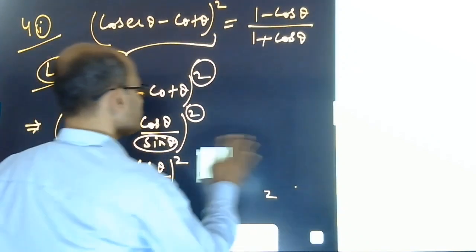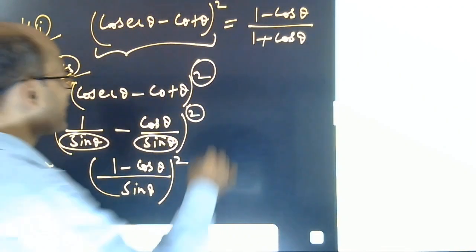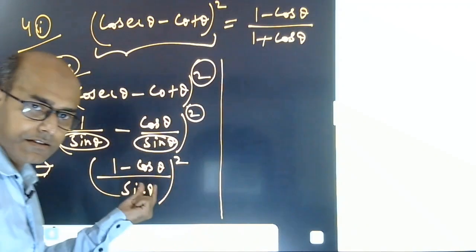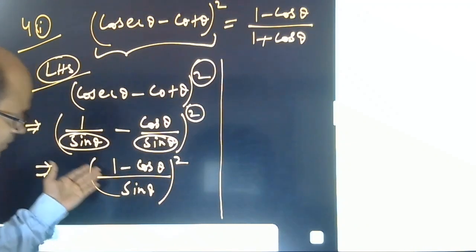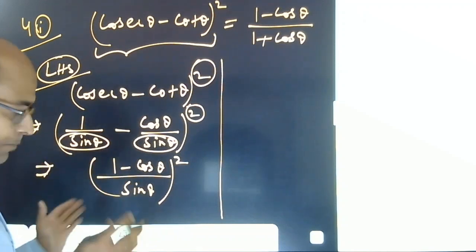Moving ahead, we have obtained (1 minus cos theta divided by sin theta) whole squared.